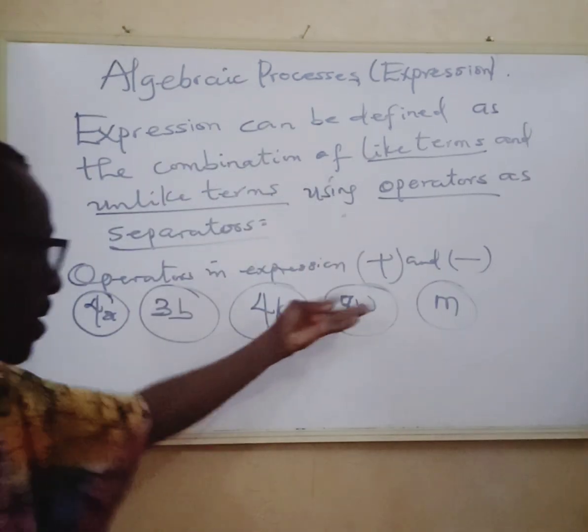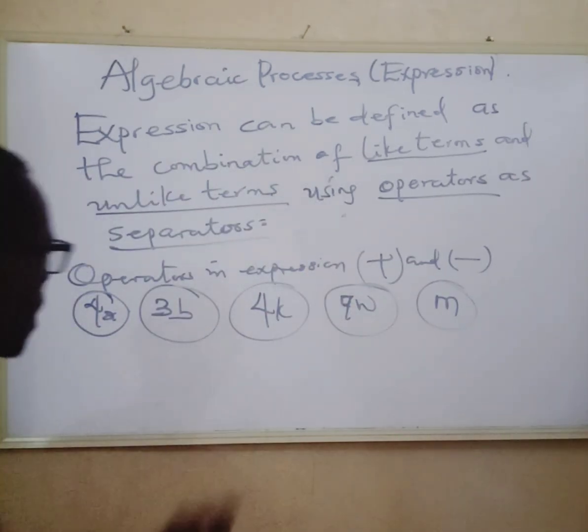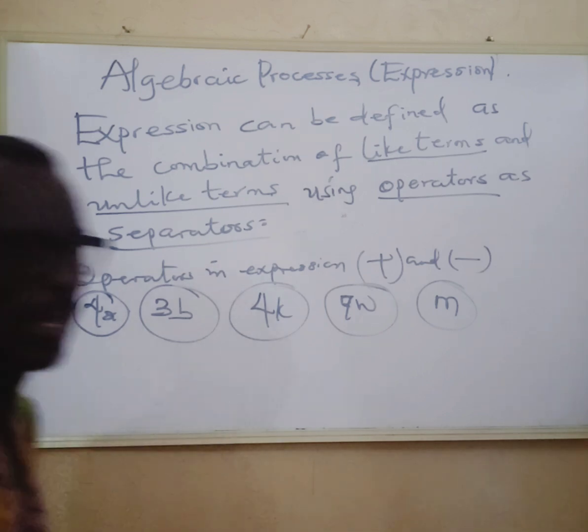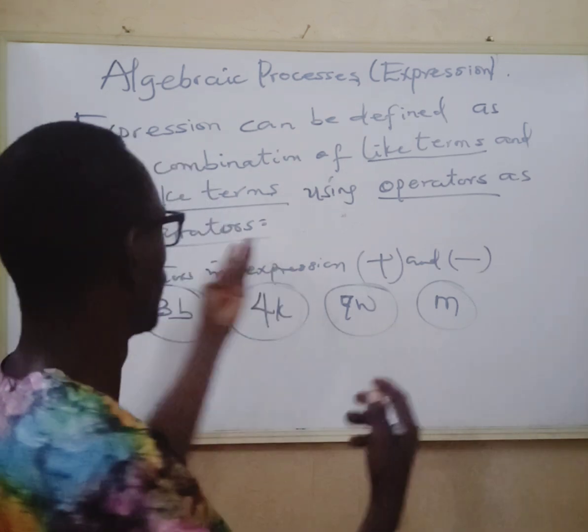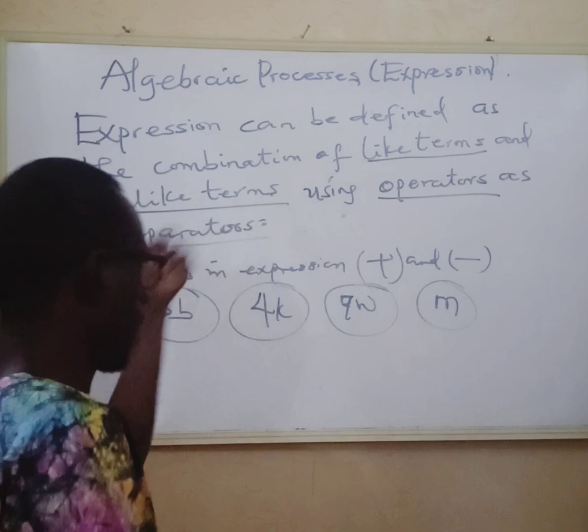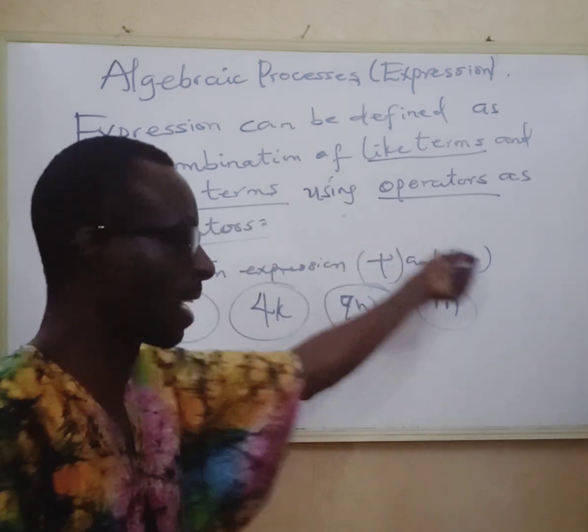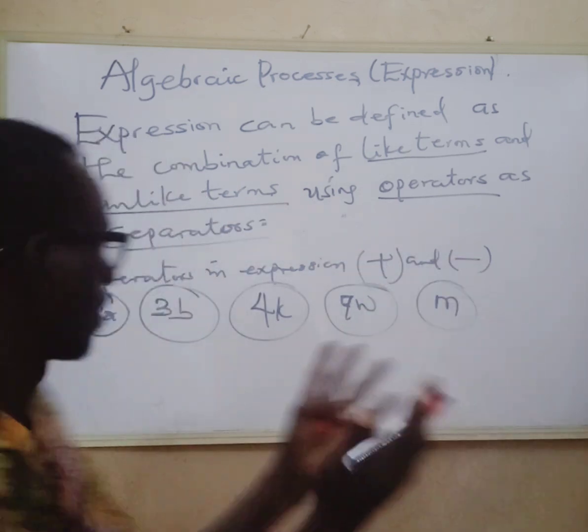I'm using this as assistance. So at this point, let's pick some of these terms using operators as separators. We are using the positive or the negative operators to separate the terms.